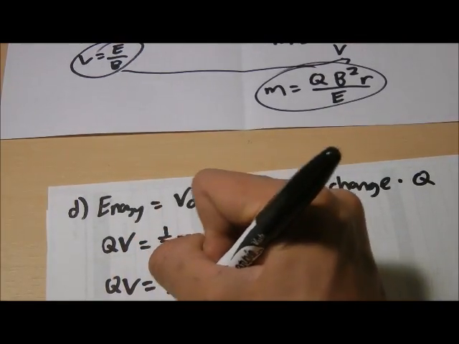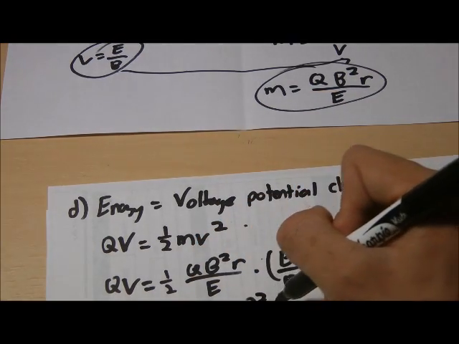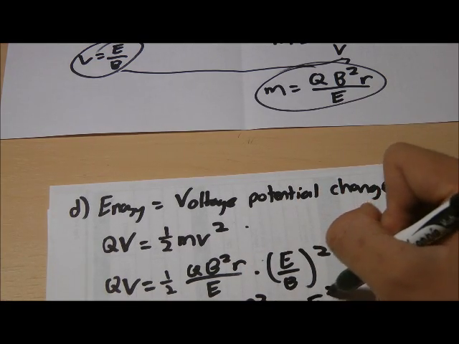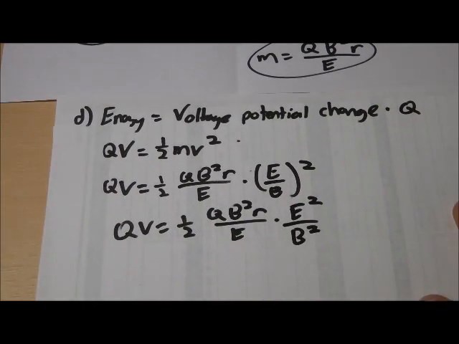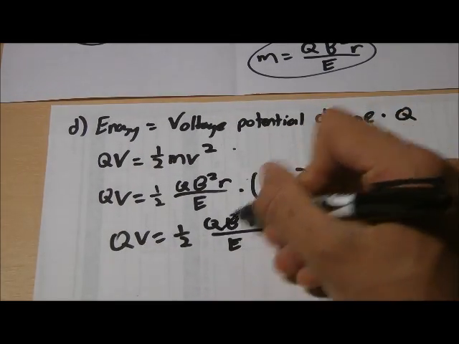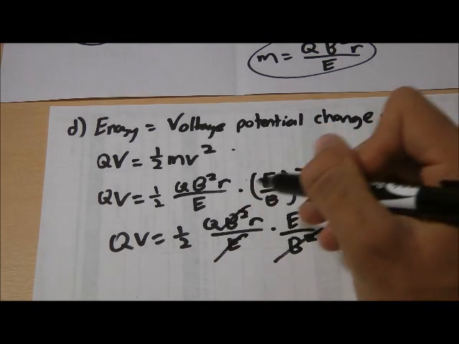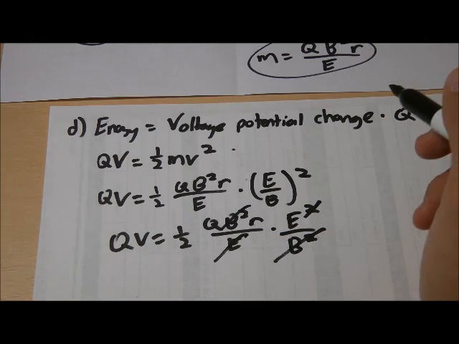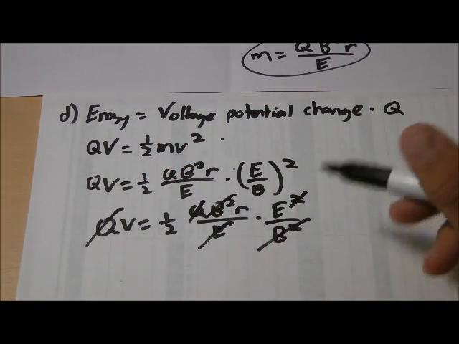So we bring out the terms, cancel, and now we can find the V value by simplifying the terms.